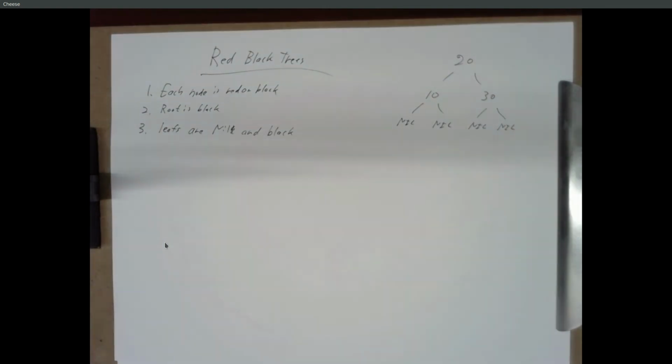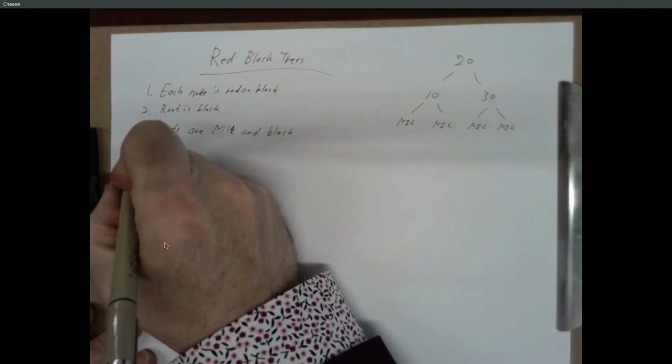But it means that every node has exactly 2 children, and some of those children might be null. We think of those as part of the tree. And then we insist that all those nil leaves are black. It's like null, except null we think of as not being there.